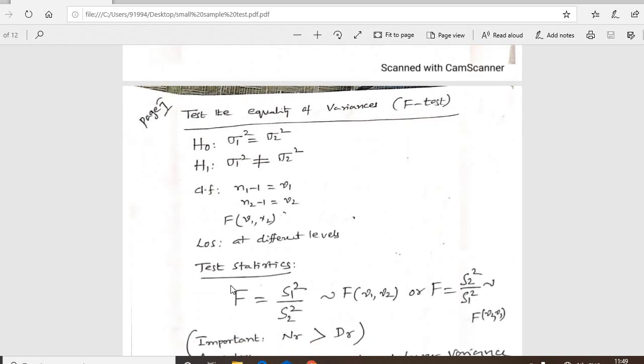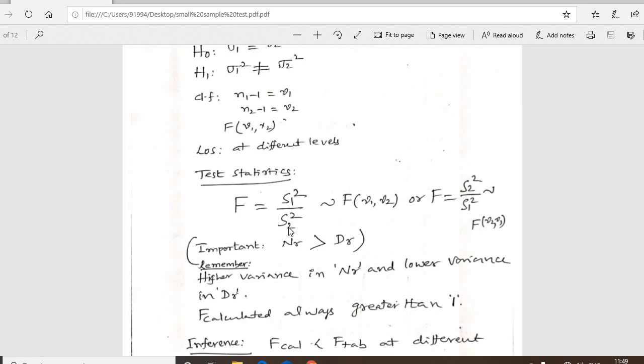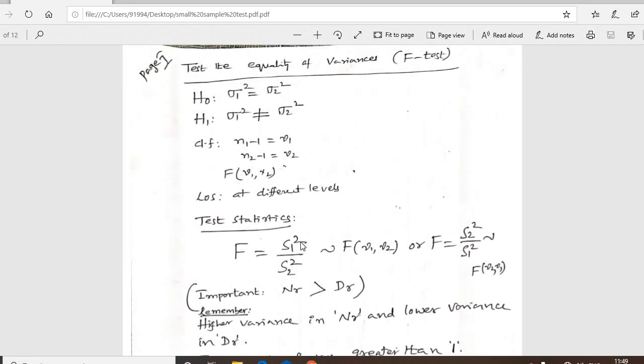The test statistic formula is the ratio s1 square by s2 square. It follows an F distribution with degrees of freedom v1, v2, that is n1 minus 1, n2 minus 1, or s2 square by s1 square, because in this case it is always understood as greater variance by smaller variance.